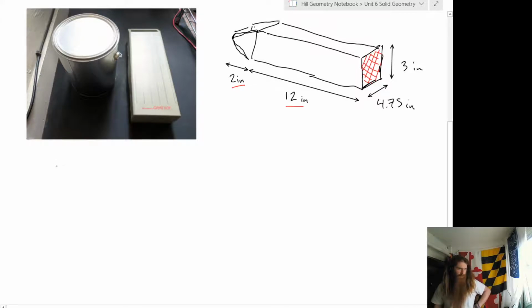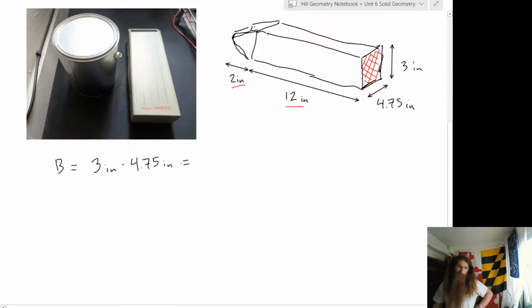So let's first figure out our base area, B. You'll notice we use a large B for area of the base. And for the area of a rectangle, we just multiply the two dimensions, width by length, or base times height, whatever you want to call it. It's a little confusing if you use base again, but it's a lowercase b.